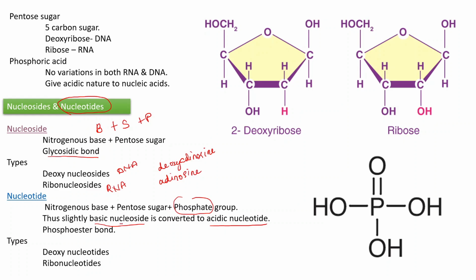And which is the bond holding the nucleoside to that phosphate group? It is the phosphoester bond. So the phosphoester bond is the bond connecting the phosphate group with the nucleoside. Nucleoside, we know, is base plus sugar. So I will show you that.